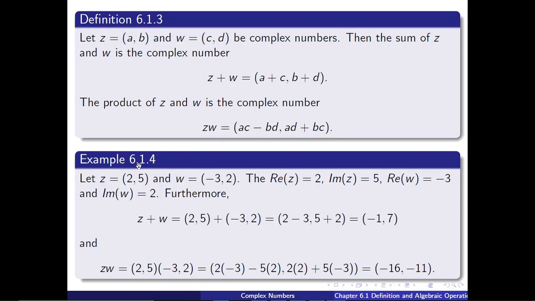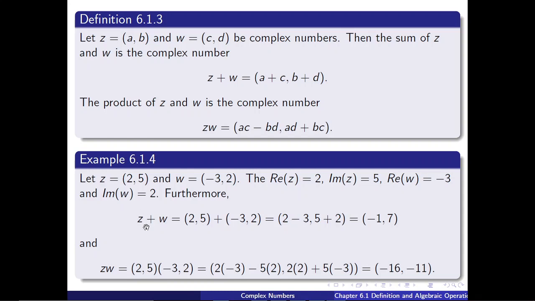And so let's just look at an example to see how this addition and product of complex numbers work. Right, so suppose you've got z, which is (2, 5), and w, which is (minus 3, 2). Then we can see that the real part of z is 2, the imaginary part of z is 5, and so forth.